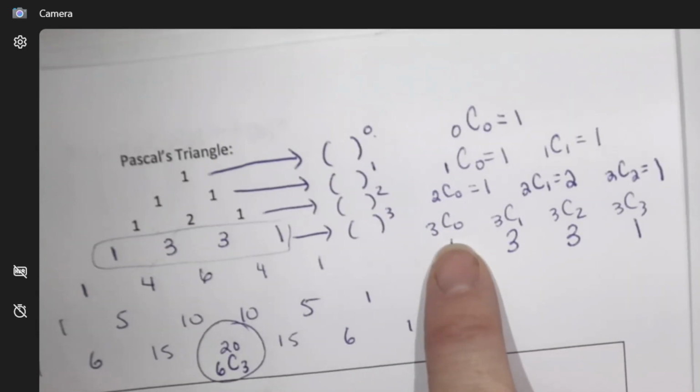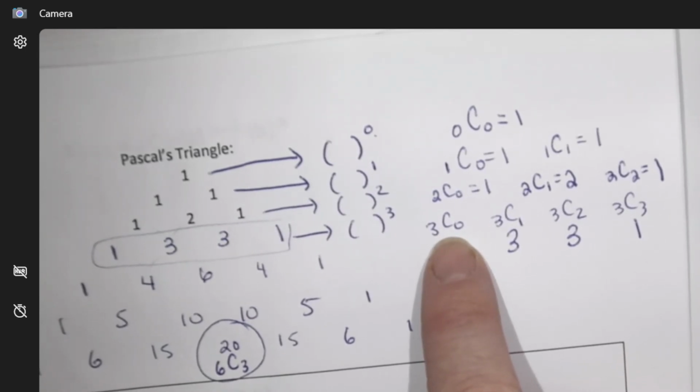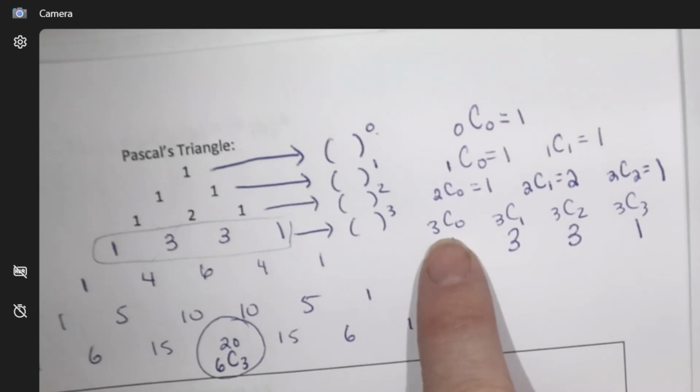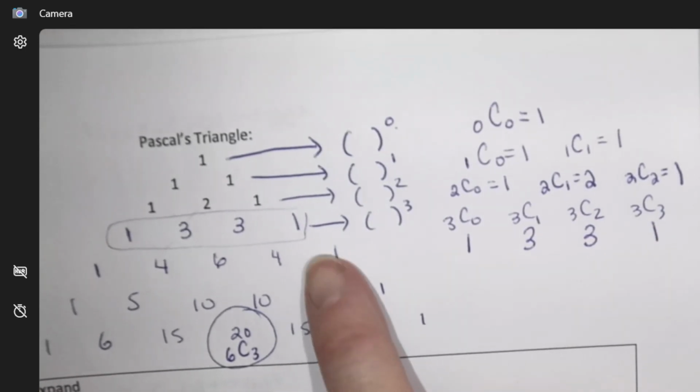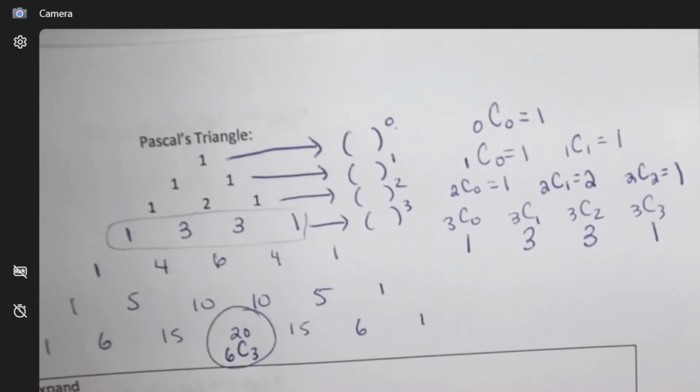Because what did I start counting from? 0. So everything else basically you've ever done in math, you always start counting at 1, right? So because I'm starting my counting at 0, it's adding on an extra number. So if I count from 0, 1, 2, 3, that's going to make 4 terms. Okay.